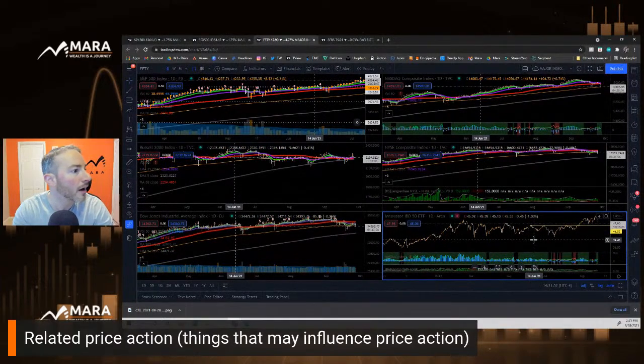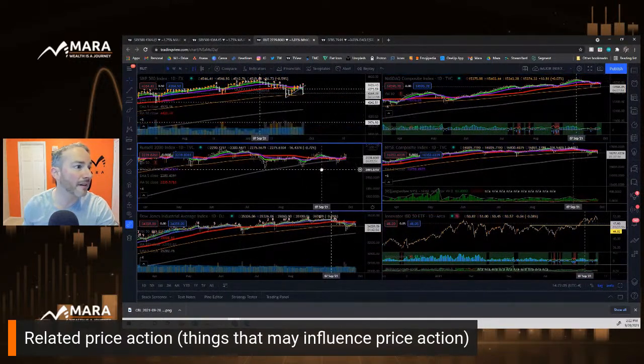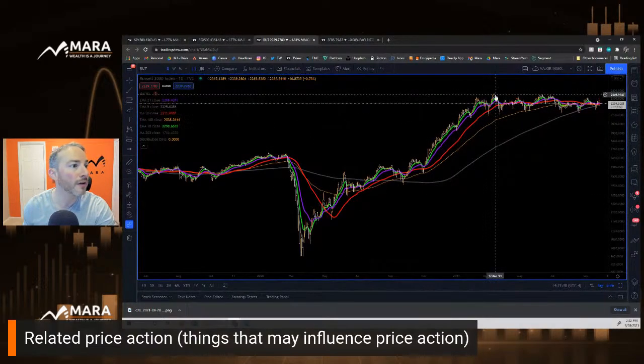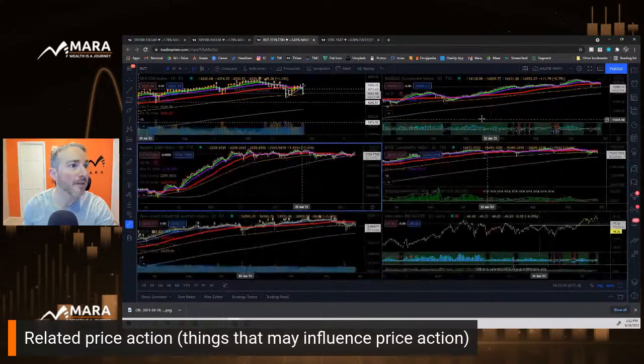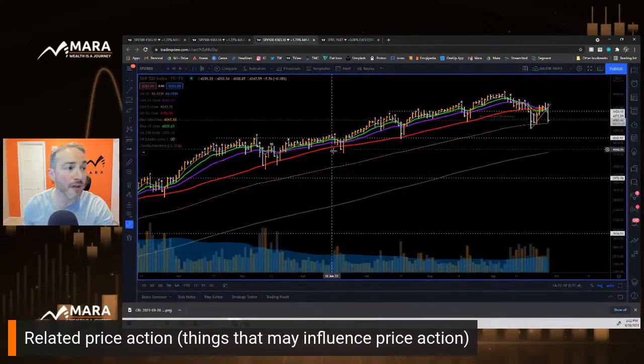So why do I bring this up? The reason why is because all these different indexes tend to influence one another. So, for example, if you have the Russell, which was moving sideways really since March, it would be very difficult for the S&P 500 to have a smooth move all the way up.